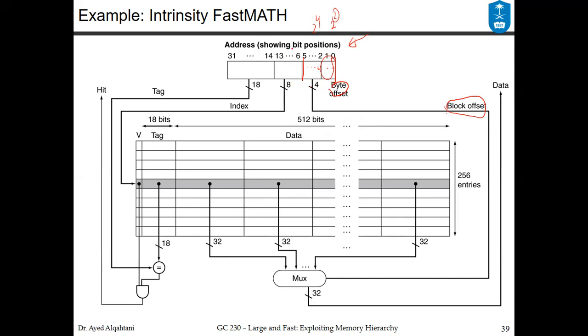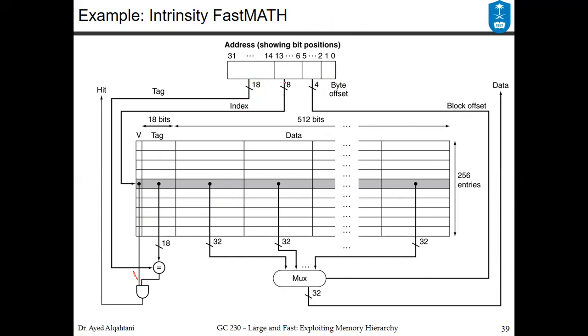Now, since you have 2 to the power of 8 different blocks, you need 8 bits in the index, as you can see here. And the remaining 18 bits are the tag. And as you can see here, to get a hit, first the valid bit should be 1.